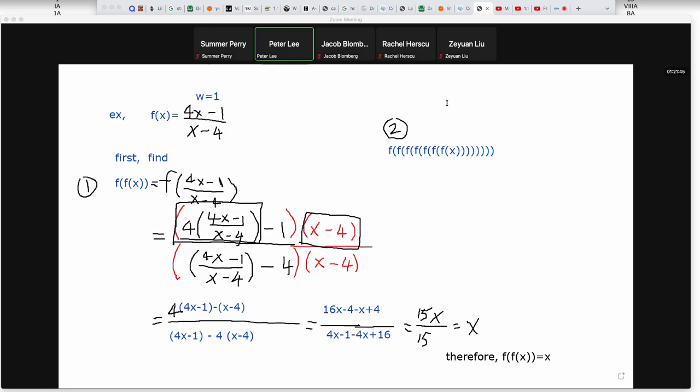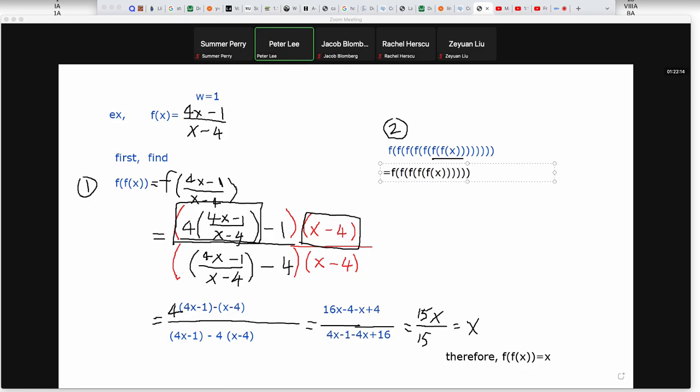So what is f of f of x? Now instead of 7, we can just do 5: 1, 2, 3, 4, and then 5, and then x.